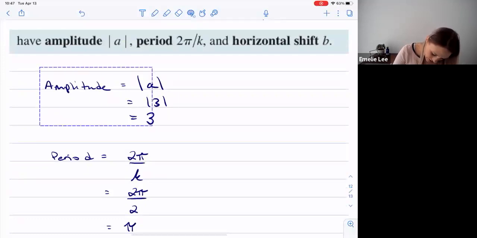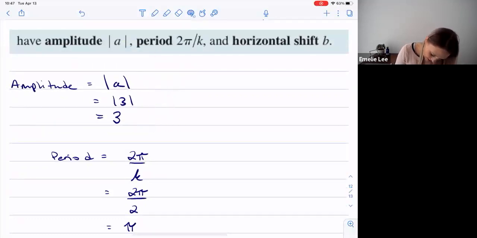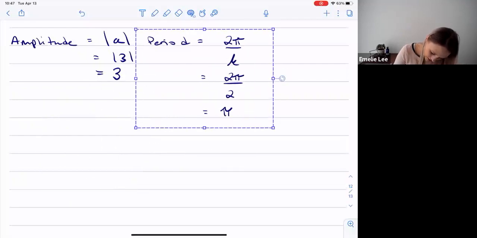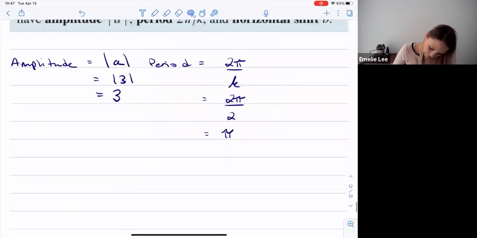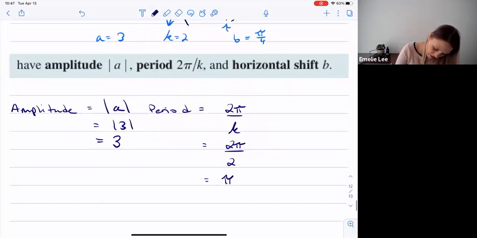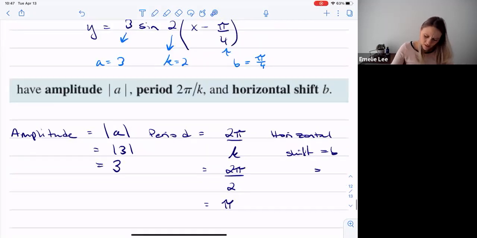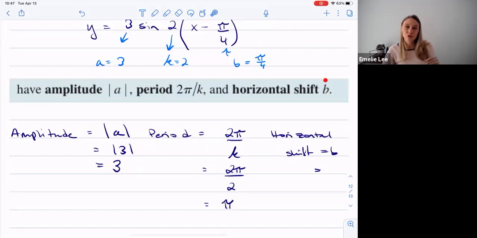And maybe what I'll do is I'll try to put these side by side so that you can look at them side by side here. And then the horizontal shift is b, which in our case is just what b is.